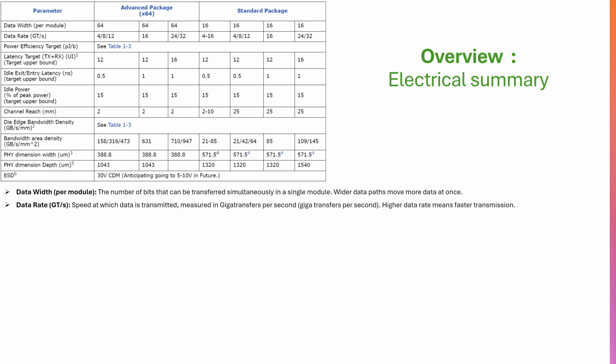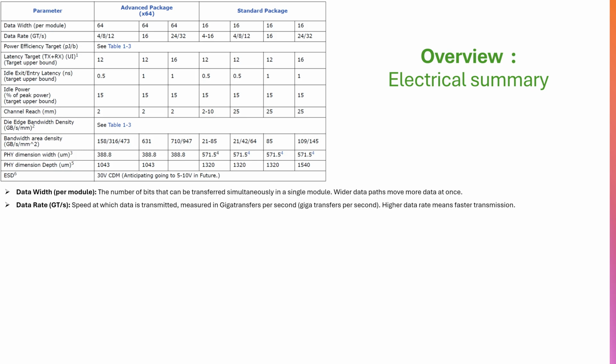It means parallel. Wider data paths move more data at once. So a data width of 64 means I can transmit 64 bits in parallel at the same time.